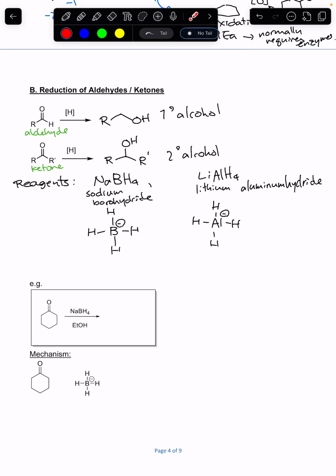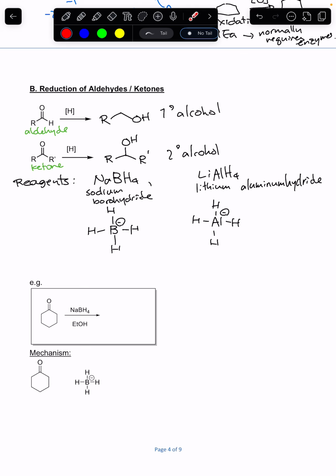Can you tell which one of these is more reactive? Well, boron is more electronegative than aluminum. Aluminum is less electronegative and yet has a negative charge, so that's very uncomfortable. So this is more reactive, and for that reason it is an explosively reactive agent.